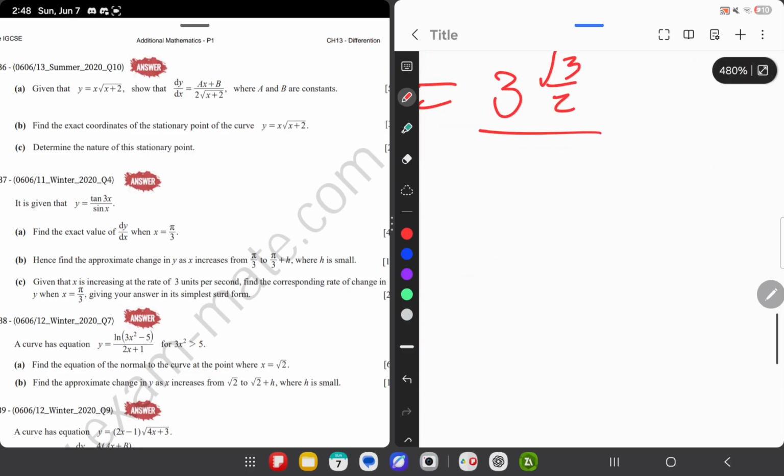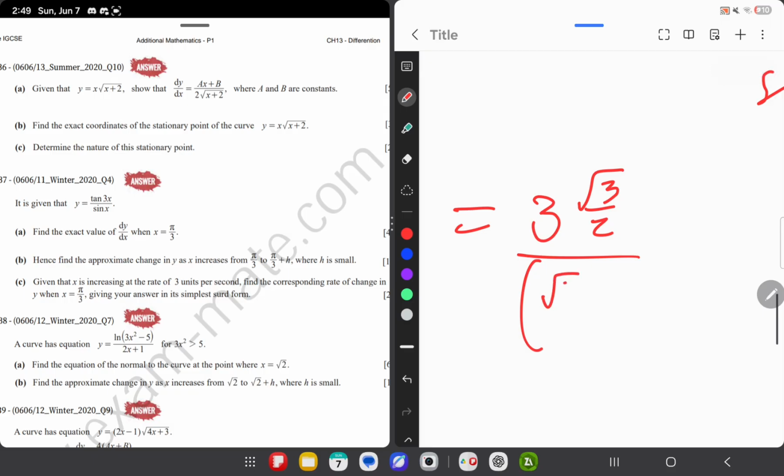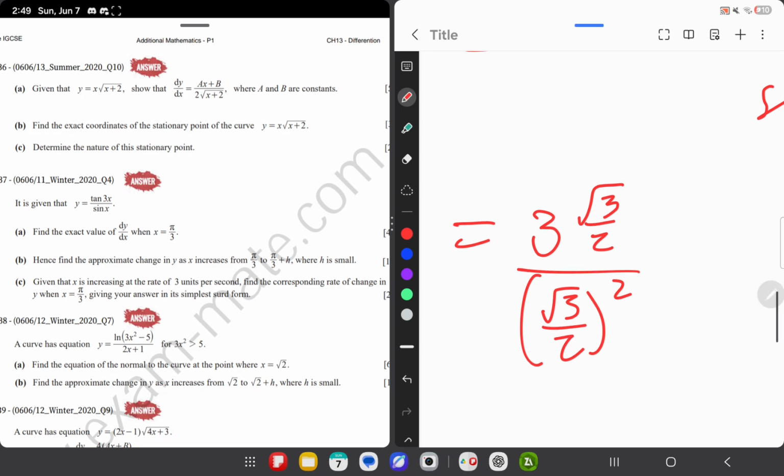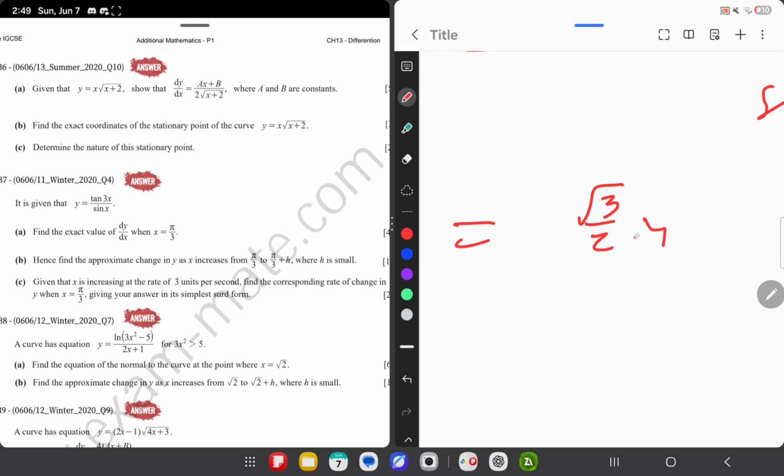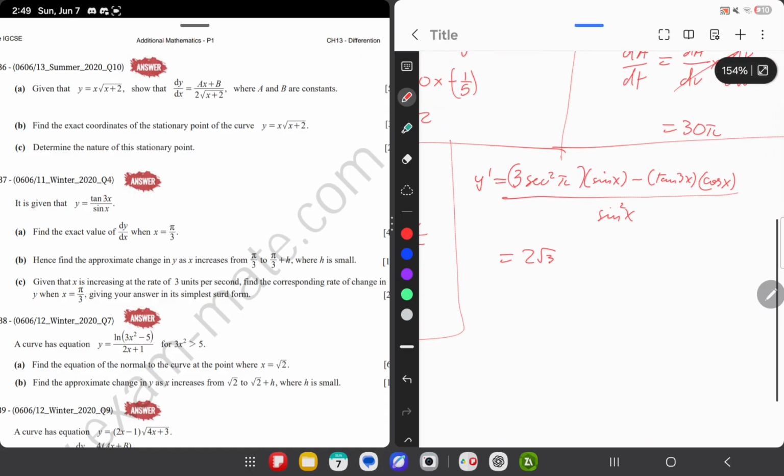Okay, this is root 3 over 2 squared. Now simplifying this further, what do you get? This is 3 over 4 on both sides. You get 3 canceling out, so this is 2 root 3 basically. Nice.